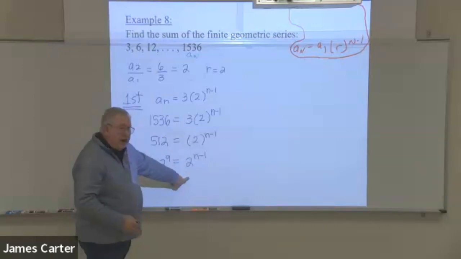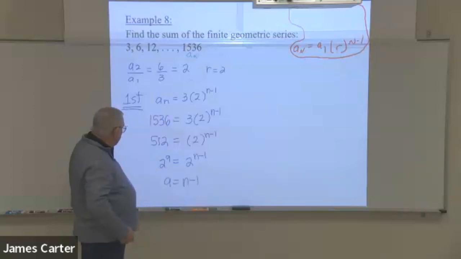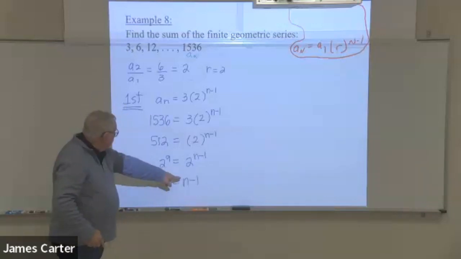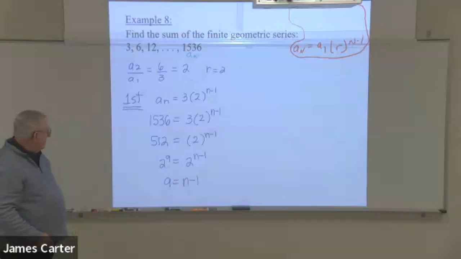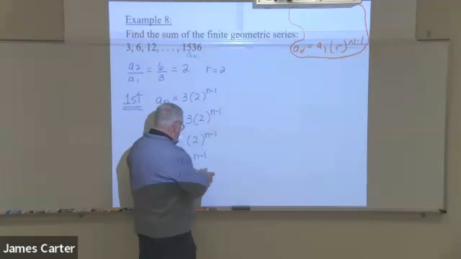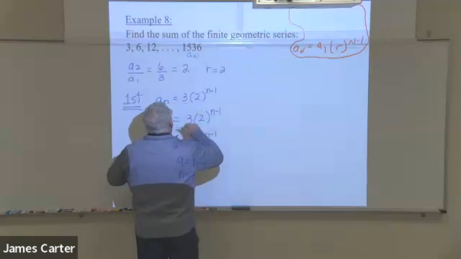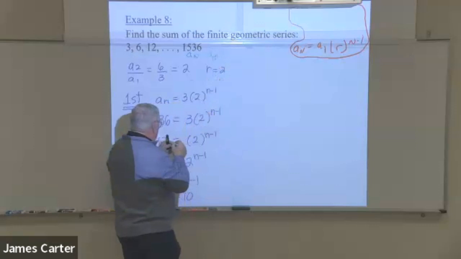We can equate both exponents, leaving the equation 9 equals n minus 1. Add 1 to both sides, and we get n equals 10. So now we are saying that this equals the 10th term.